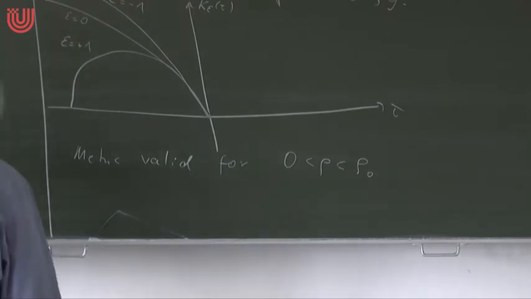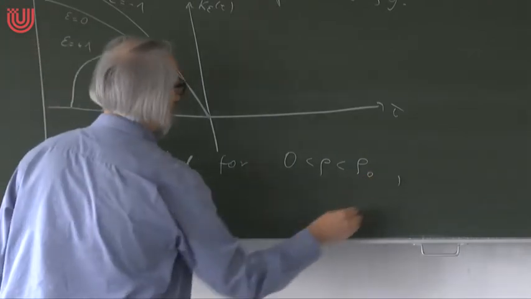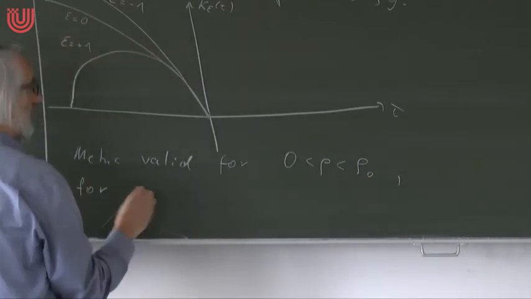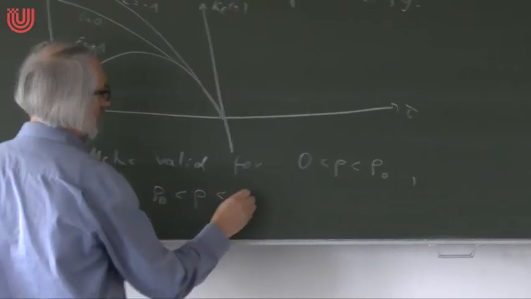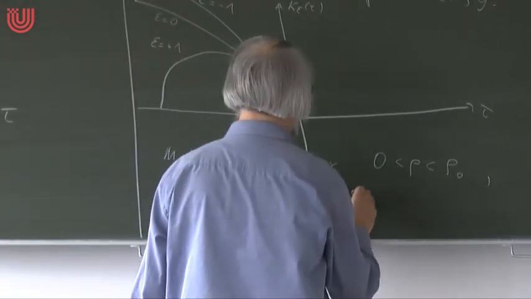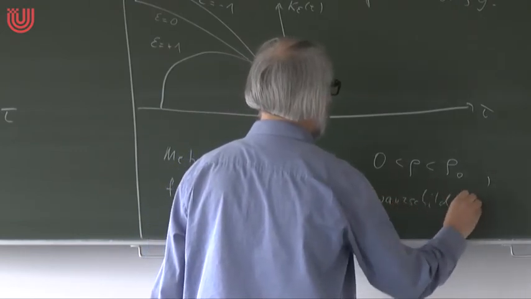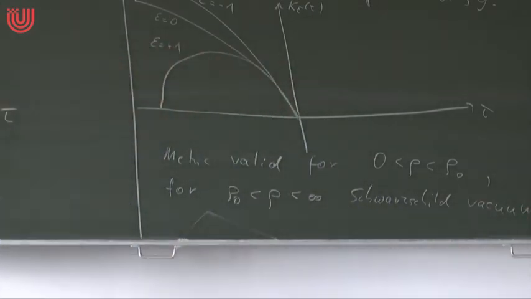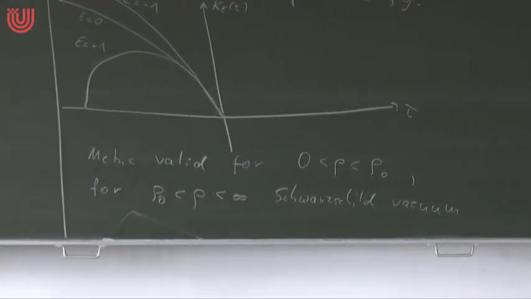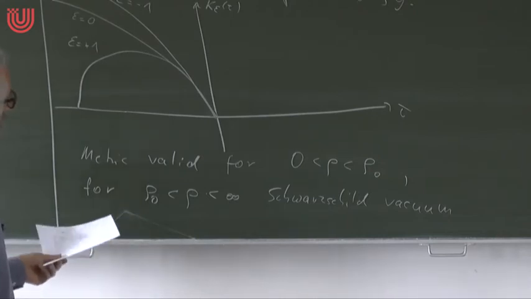In these co-moving coordinates, that's a constant, and for rho bigger than rho naught and up to infinity, we have the Schwarzschild vacuum solution. That's the situation we want to consider. So our interior is described by this dust ball, this spatially homogeneous dust ball, and we want to link it to the Schwarzschild vacuum solution.